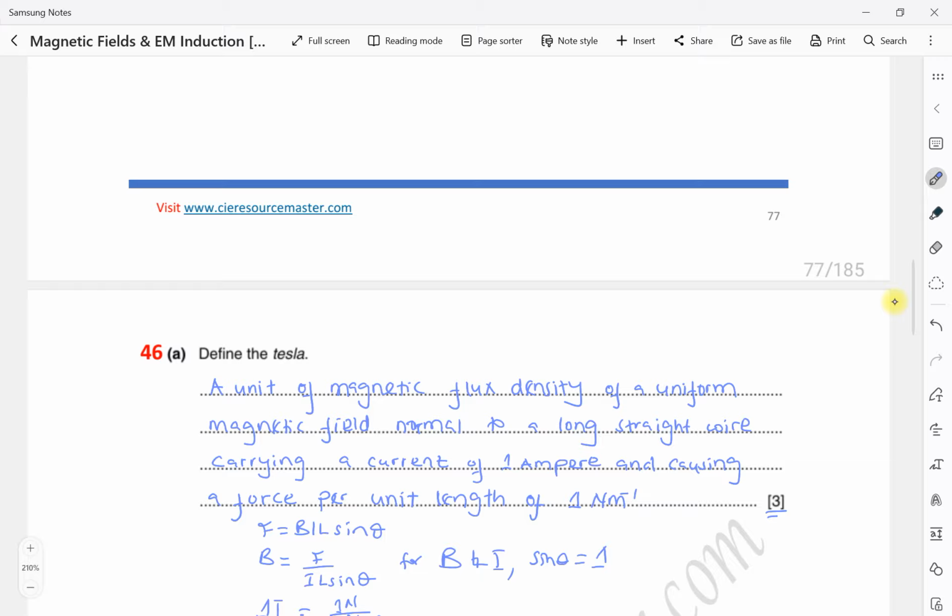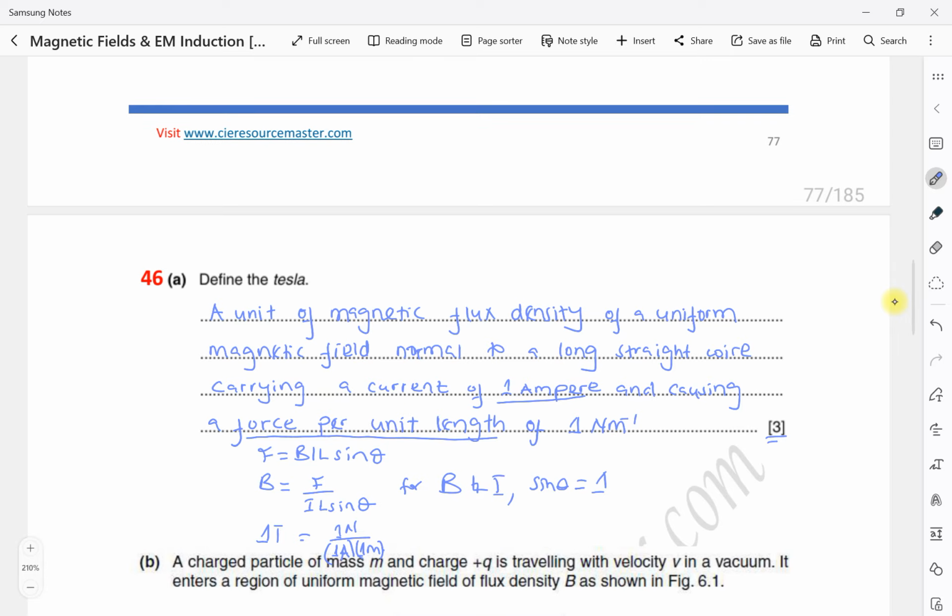That is force over L of 1 Newton per meter. It's actually force per unit current per unit length acting on a long straight conductor placed perpendicular to a uniform magnetic field, that is a Tesla.